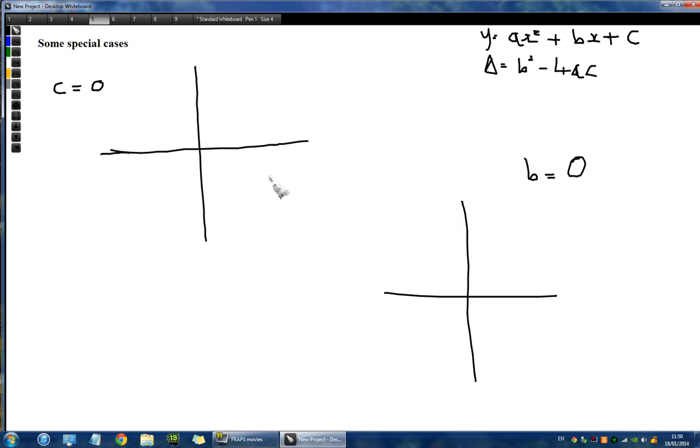What happens when c is equal to 0? Well, when c equals 0, this whole term 4ac becomes 0, doesn't it? Because any number times 0 is equal to 0. So our discriminant just equals b squared.